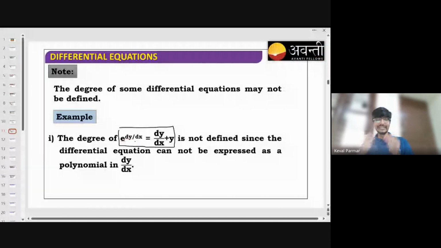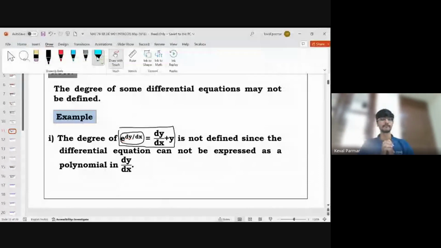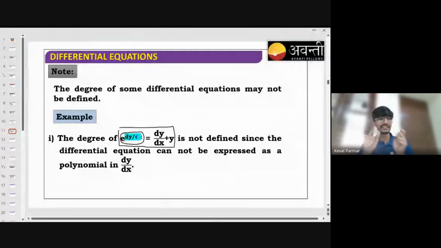Now, there is no problem in the exponential function, but the problem is that the differential coefficient is stuck in the exponential function. What this means is that we don't have to find the degree. We can say the degree is not defined.